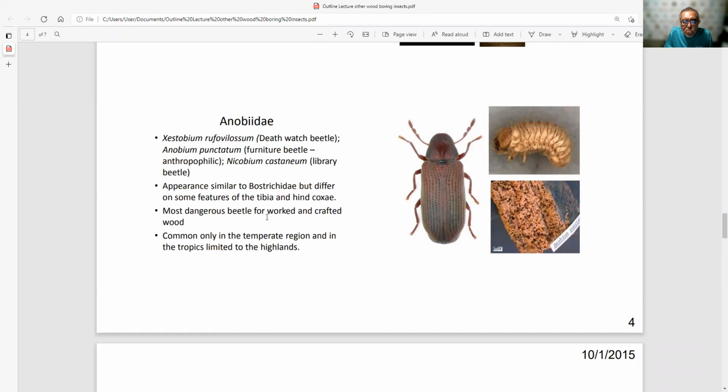Most dangerous beetle for worked and crafted wood. Even though Bostrichidae is large and can be very destructive, the most dangerous beetle status actually belongs to Anobiidae. Common only in the temperate region, and in the tropics limited to the highlands. So it is not widespread.